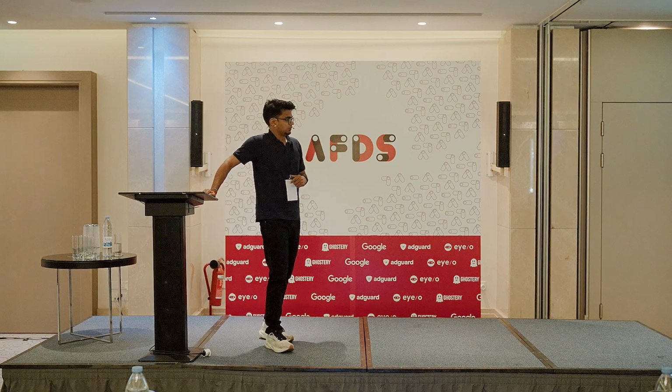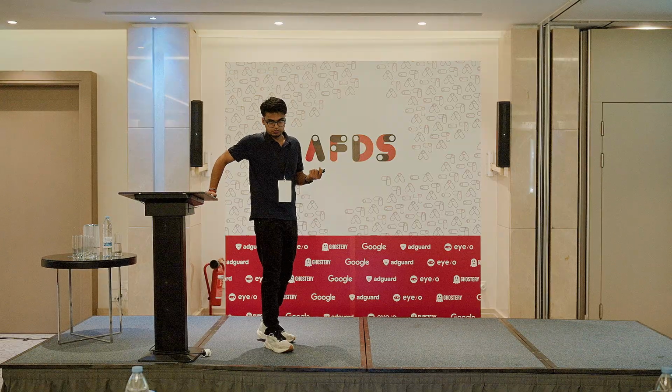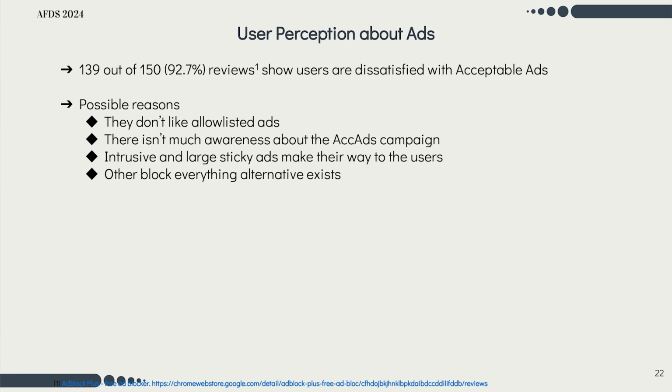We tried to do some review analysis through the web store reviews of Adblock Plus, and we found that more than 90% of the users were dissatisfied with acceptable ads, and there are multiple reasons for it. Some of the people don't like allow-listed ads. There exist other alternatives which have complete blocking.